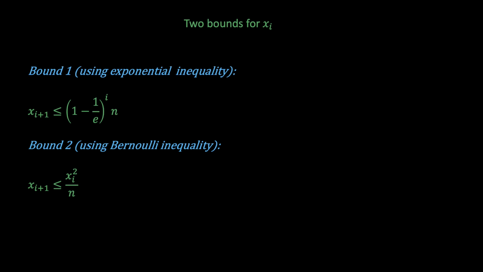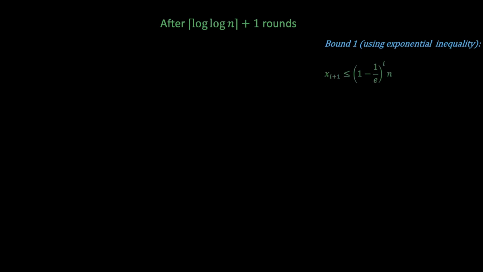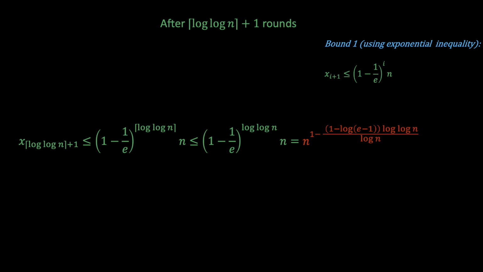Now, what happens after log n plus 1 rounds? Well, using our first bound and a bit of algebra, we have that x at ceiling of log n plus 1 is at most n to the power of 1 - (log e - 1) times log n over log n. I know this is a handful, but working through the algebra, this should be the result you get.